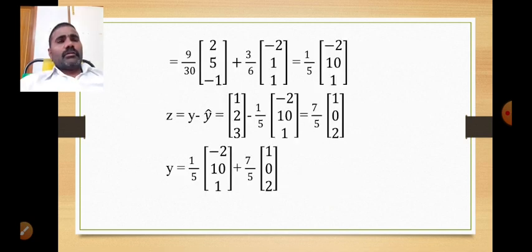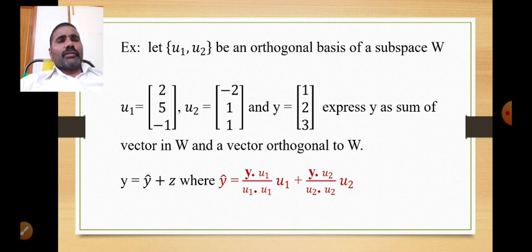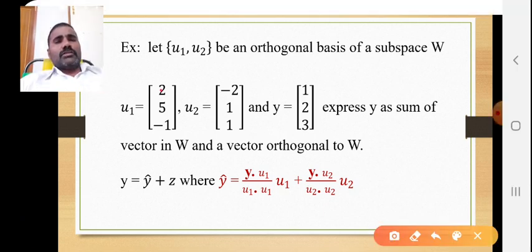Here, first we can find y dot u1. This is u1, this is y. 2 plus 10, 12, minus 9, 3, 9.